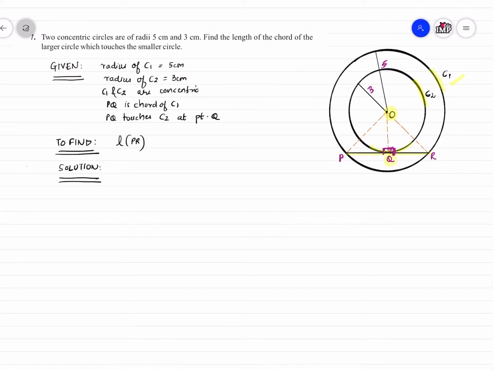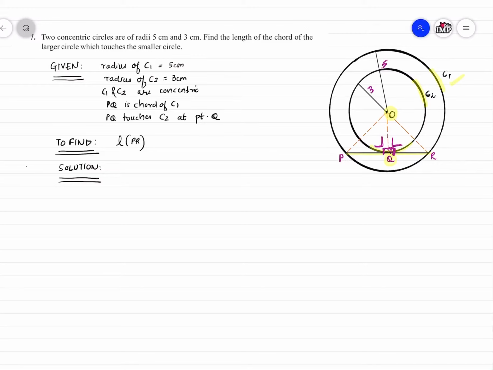So this angle OQR and angle OQP, both these angles are going to be right angles. And so if we join points OP, OQ and OR, we'll get two triangles, triangle OQP and triangle OQR.